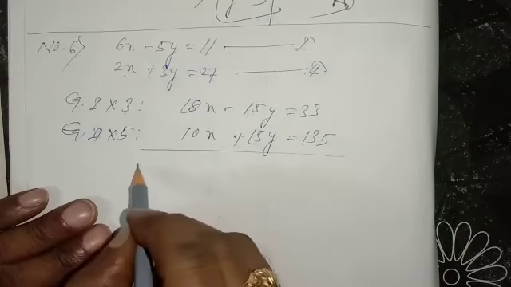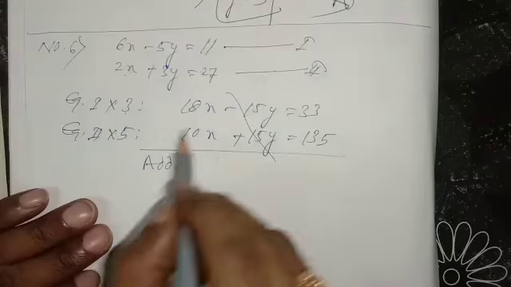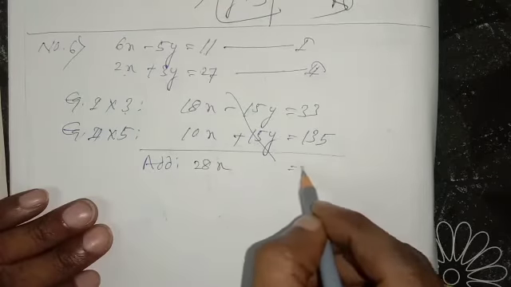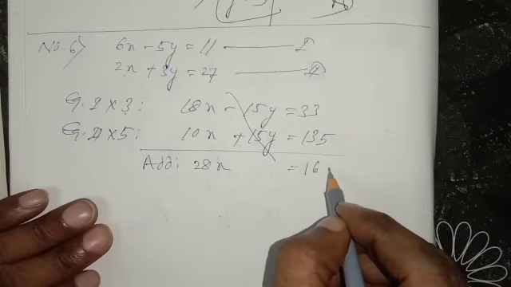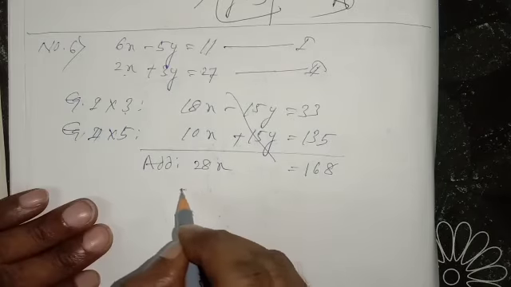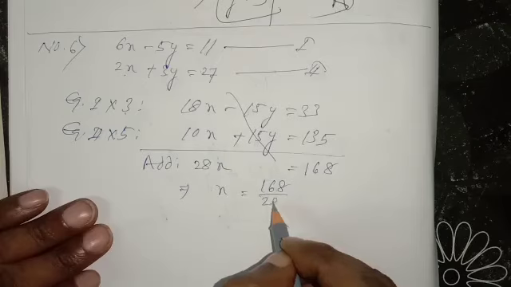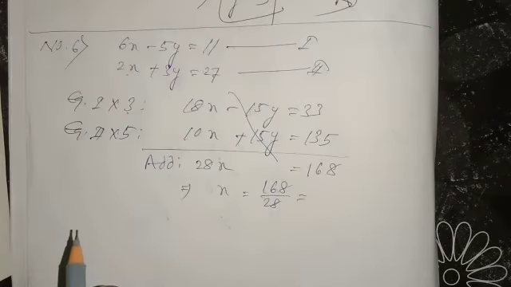Now, whenever opposite signs are given, you have to add. The y terms cancel out. 18x plus 10x is 28x, and if you add here, it will be 168. Therefore x will be 168 divided by 28.